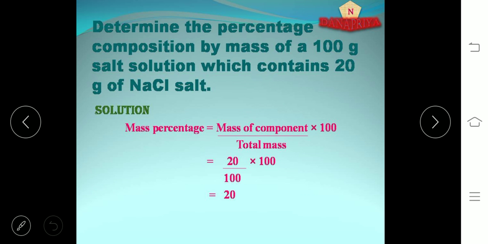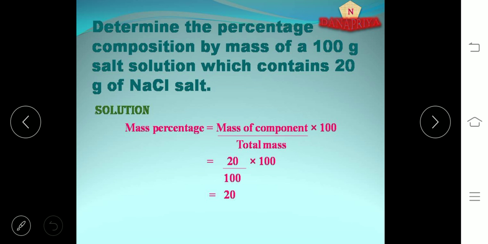On to the next problem. Determine the percentage composition by mass of a 100 gram salt solution which contains 20 gram of NaCl salt. Here we have to find percentage, that is mass percentage. The given data is 100 gram salt solution and 20 gram of NaCl.